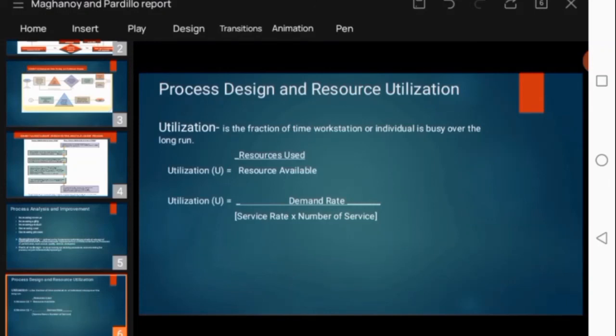Two ways of computing resource utilization. First way: utilization, or U, equals resources used over resources available. Second, utilization, or U, equals demand rate over service rate times number of services.